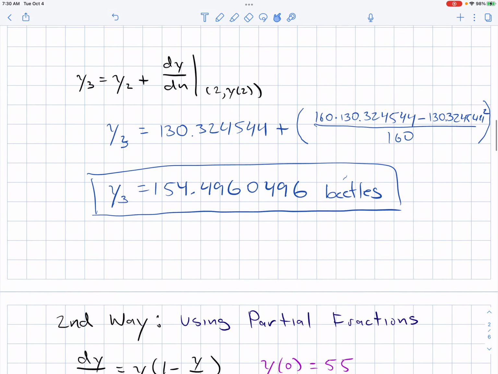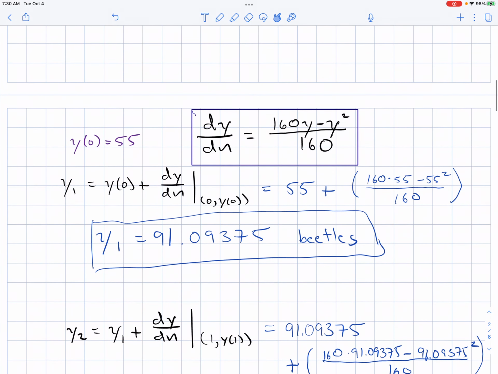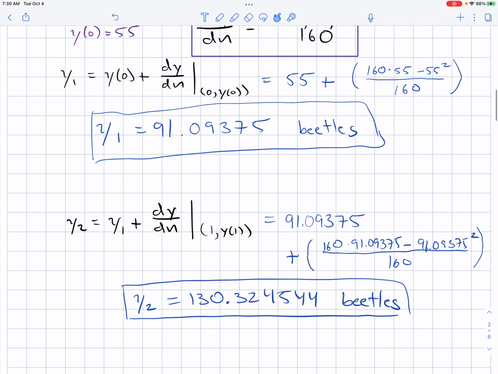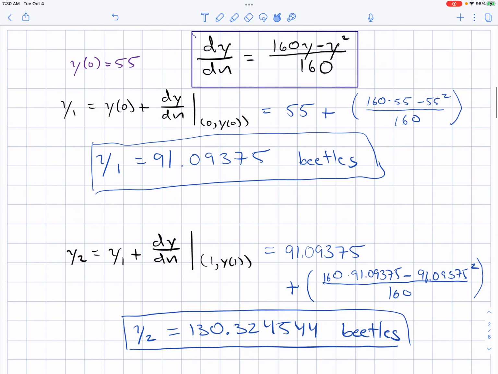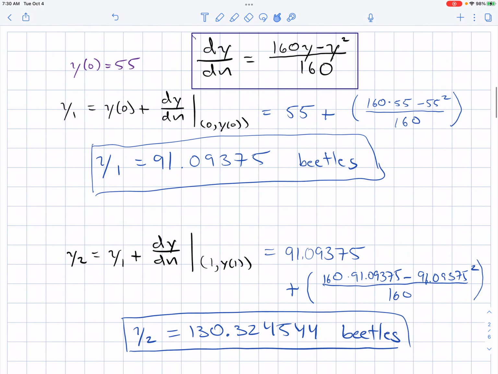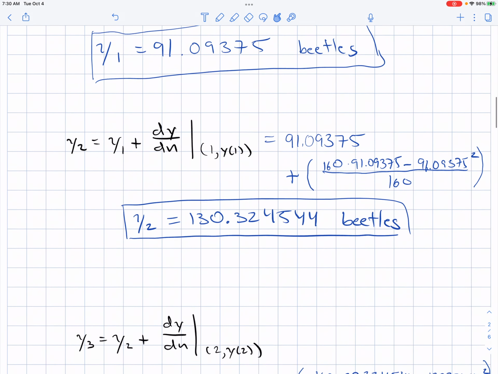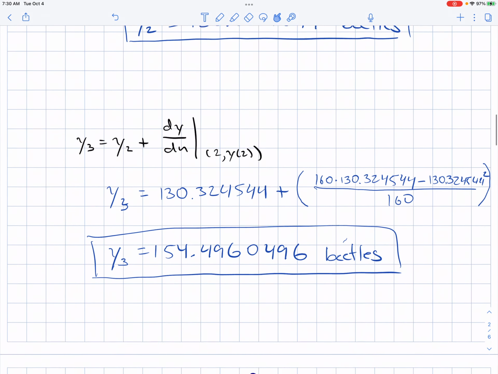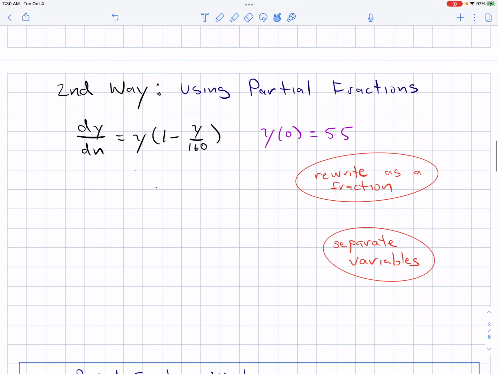So the reason why we did it this way was, well, for one, it's not a terrible way to do it. It's kind of straightforward calculation, and the other reason is because that's how the My Open Math program did a similar example.